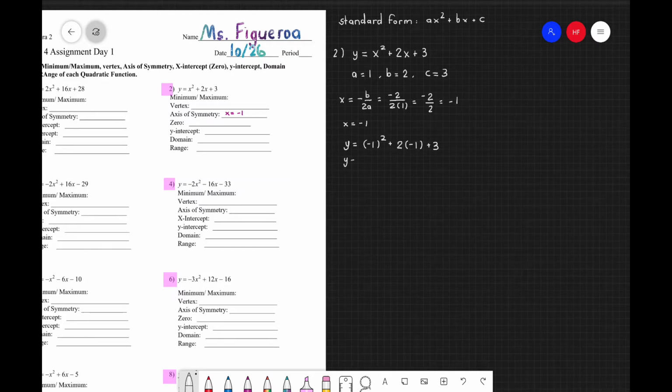So y equals negative 1 squared is negative 1 times negative 1, which is a positive 1. 2 times negative 1 is a negative 2, and then plus 3. 1 minus 2 plus 3, we've got 1 plus 1, which is 2. So my y value is 2. So then when I'm writing my vertex, it is the point negative 1, 2.